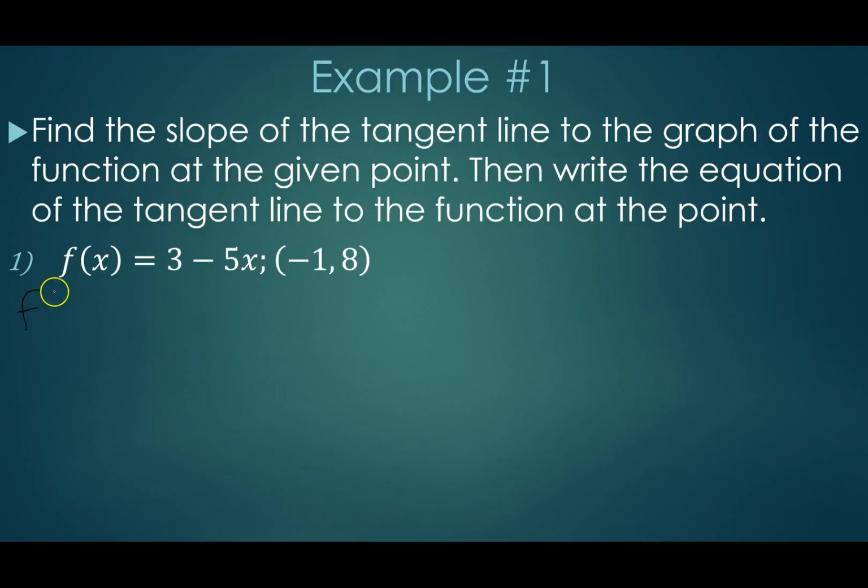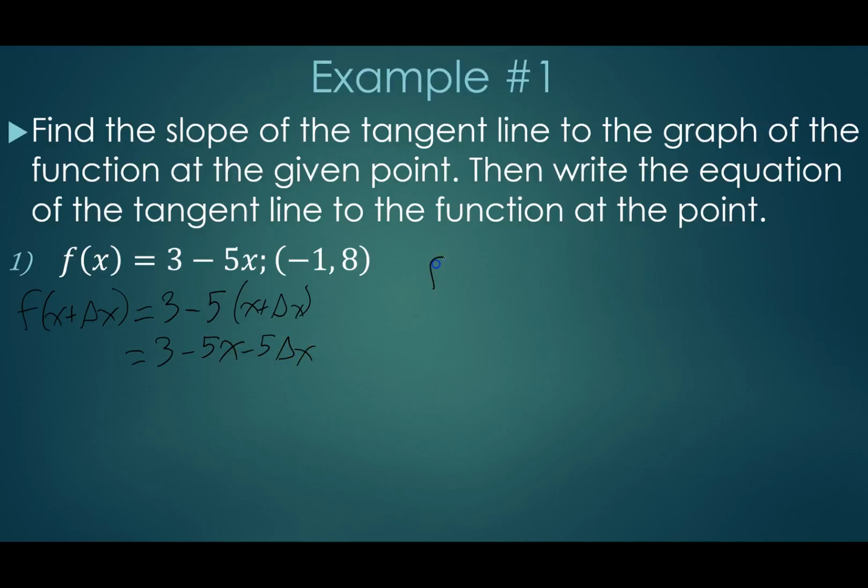So we need to evaluate f of x and f of x plus delta x, which would be 3 minus 5 times x plus delta x. That'll work out to be 3 minus 5x minus 5 delta x.